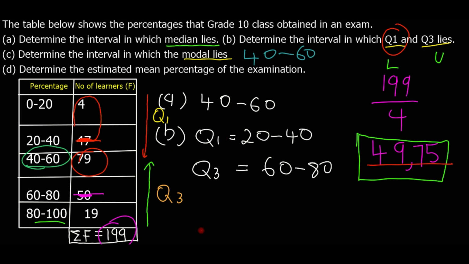Create the column for the midpoint, and then from there we create the frequency times the midpoint, and then from there we find the sum, and then we use the formula to find the mean. Try to do this one on your own, and the answer will be 53.32, but because it is a percentage you will have 53.32%. So do this one on your own.